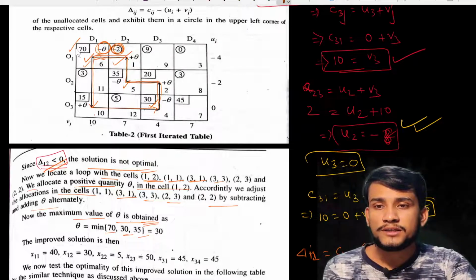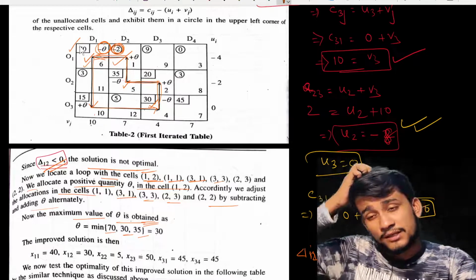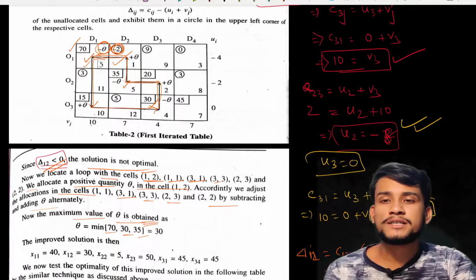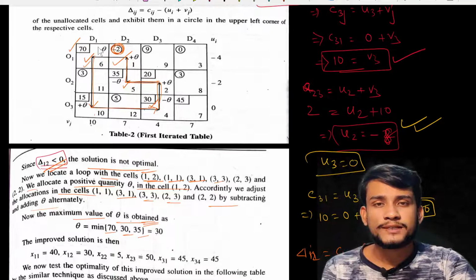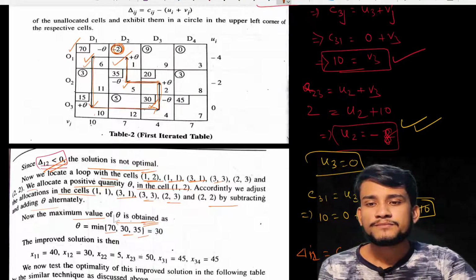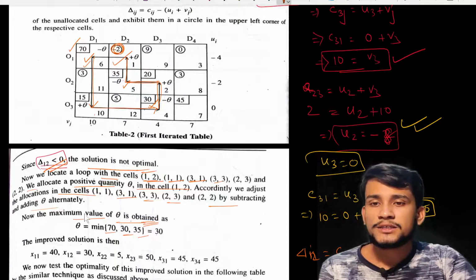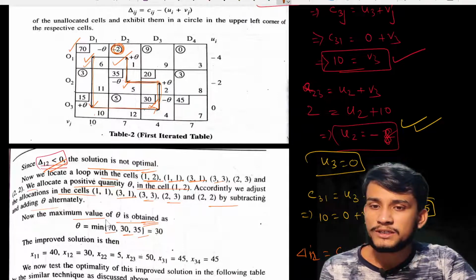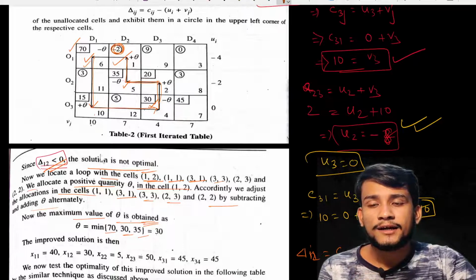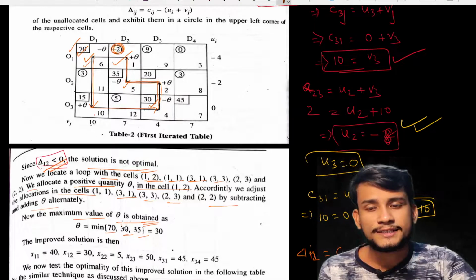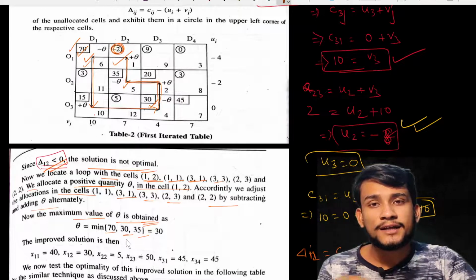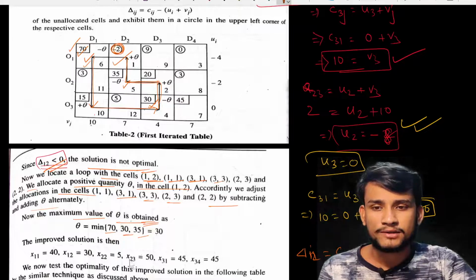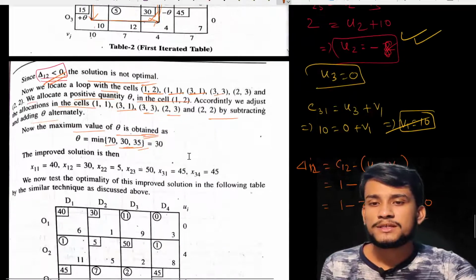In the cells where theta has a negative sign, we take the minimum of the Xij's. I think this is clear. We calculate the maximum value of theta by taking the minimum of the Xij's in which theta belongs with a negative sign. So this gives 30.